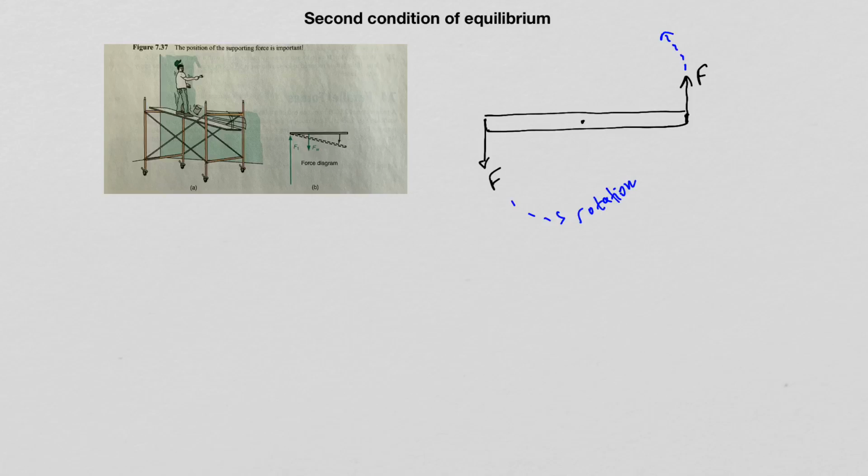So if you want the condition of no rotation to be satisfied, that means that there must be no unbalanced torques in the system. It means that all torques must cancel out. And so before I actually state the second condition of equilibrium in terms of torques, I also must introduce the concept of clockwise and counterclockwise torque.